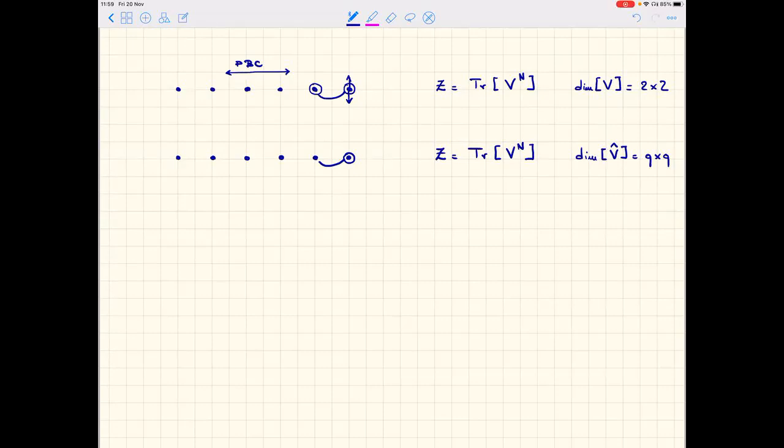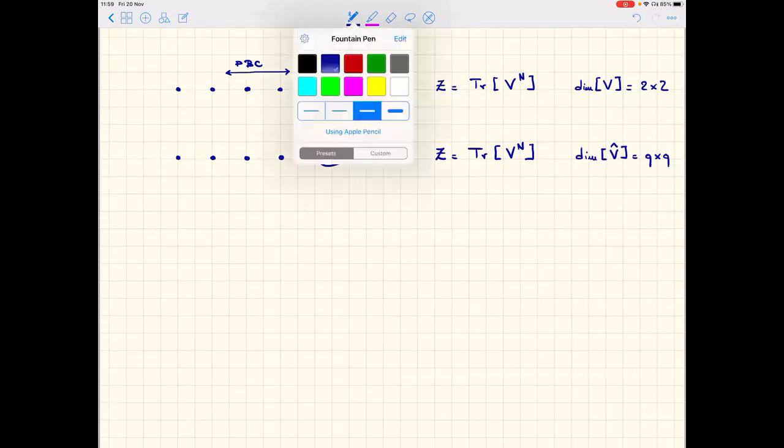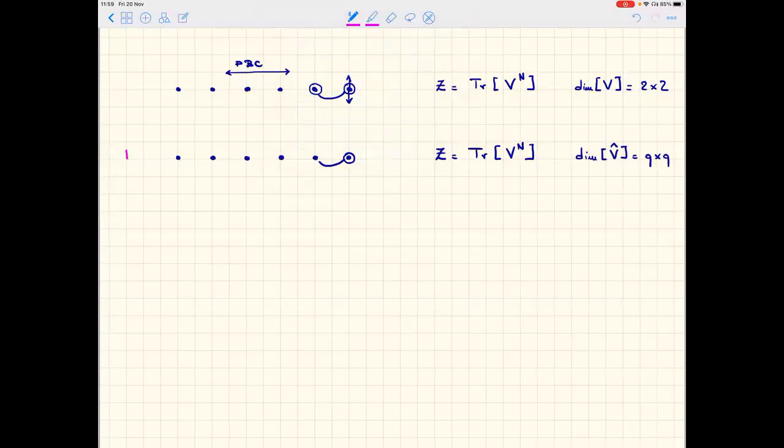Yes, excellent. And by the way, actually, we're going to do this exercise later on for the Potts model.